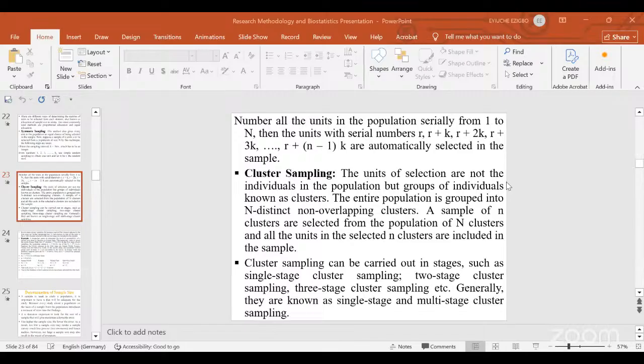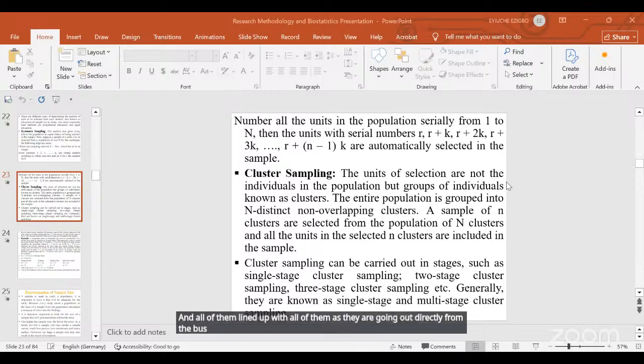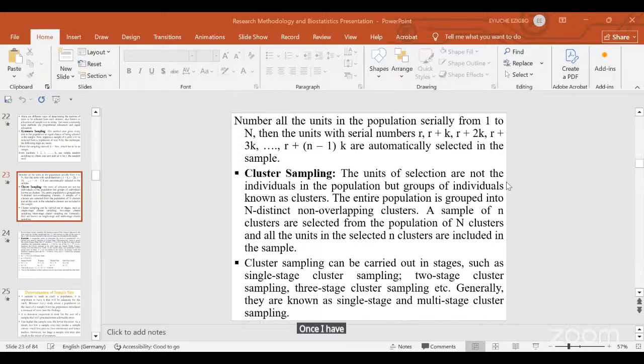Even if those 100 I have recruited are maybe coming from a lecture, and the lecture has ended, and all of them lined up and we recruit all of them as they are coming out, once I have got the 100, it may well be that they all come from one department.